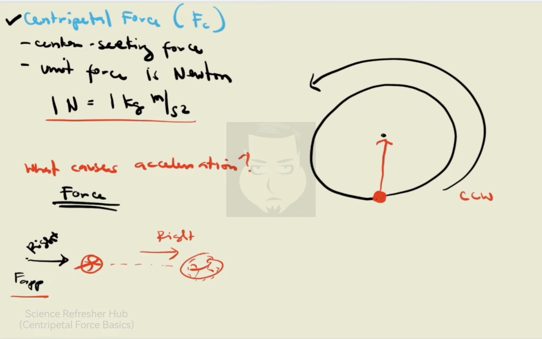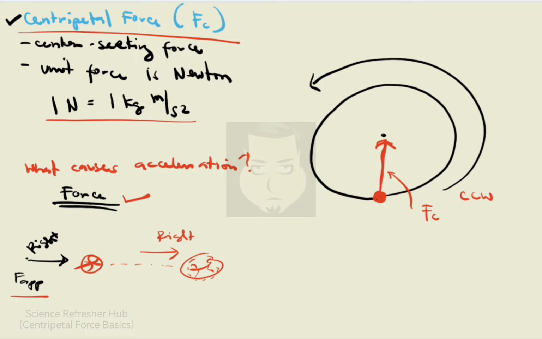Okay, and if I ask you, because force causes acceleration, and we have a centripetal force, a center-seeking force that maintains a circular motion of a certain object, where is the direction of our acceleration in this case? So if we have a force, this is our centripetal force. It moves towards the center. Of course, it's a center-seeking force.